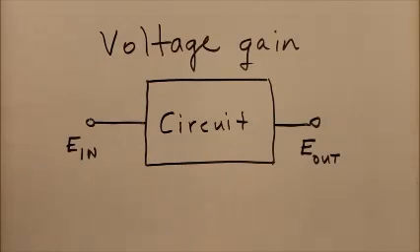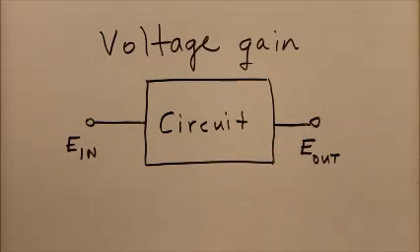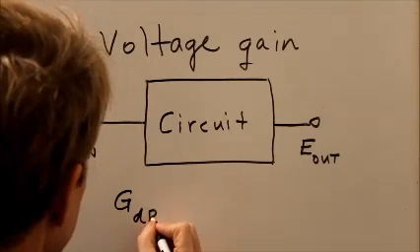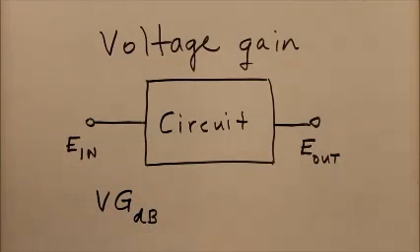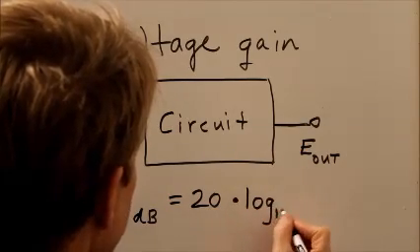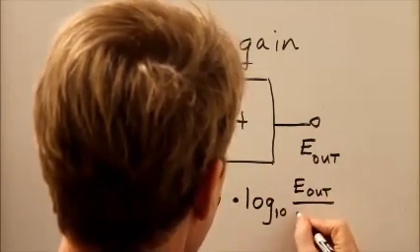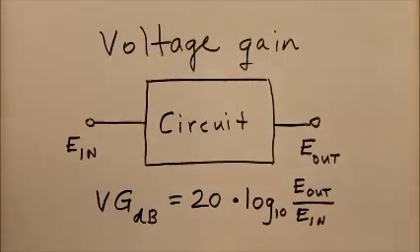The formula, provided that we have a circuit with equal and identical input and output impedances, that is to say both purely resistive and both the same resistance, the gain, if you want to use uppercase G in decibels, maybe we should just say VG, voltage gain in decibels, equals 20 times the base 10 logarithm of the output voltage divided by the input voltage.